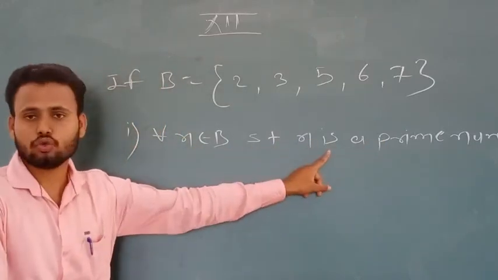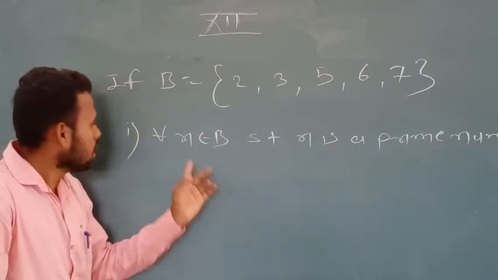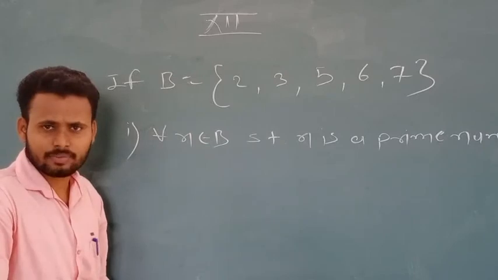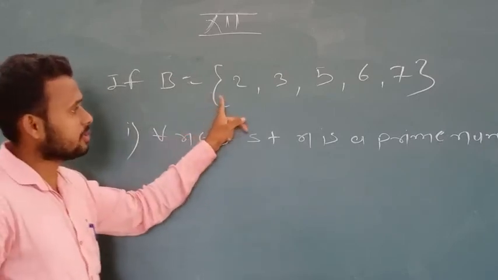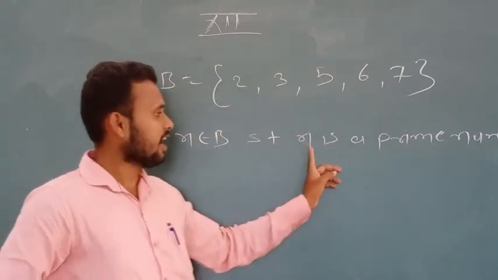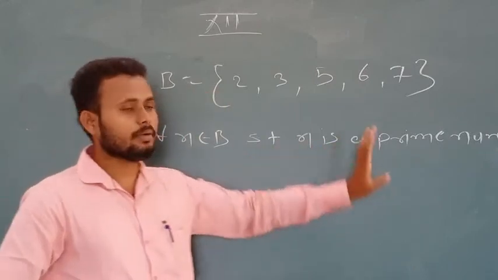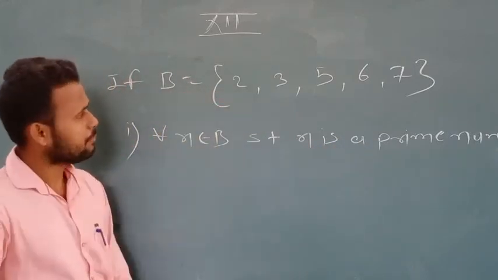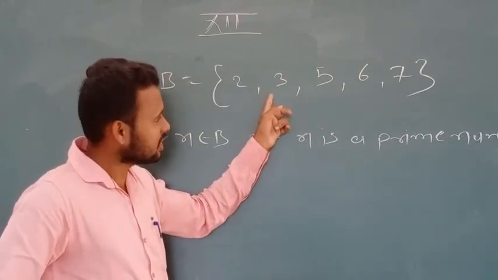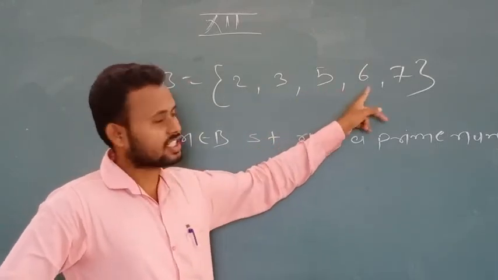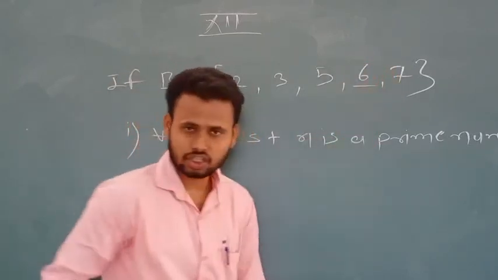We have to find the truth value of that statement. What does the statement represent? For all x belongs to B, that is, all elements of B are prime numbers. Now, are all the elements in set B prime numbers? 2 is a prime number, 3 is a prime number, 5 is a prime number, but 6 is not a prime number.